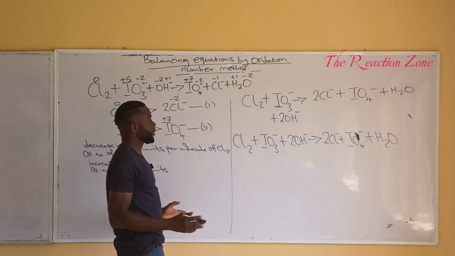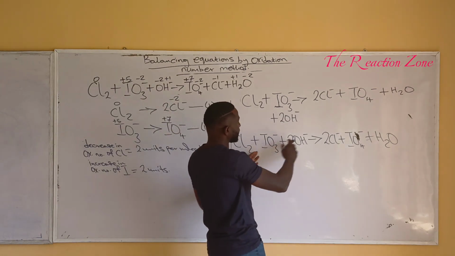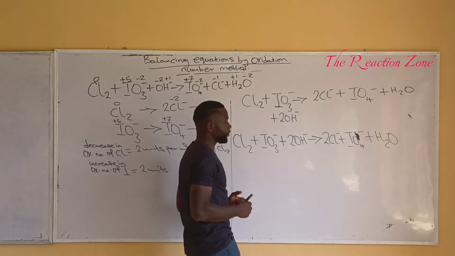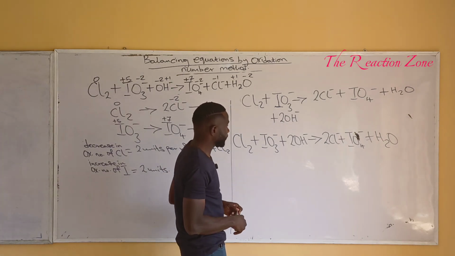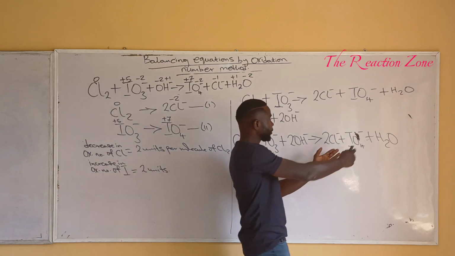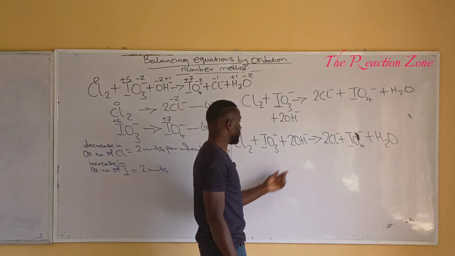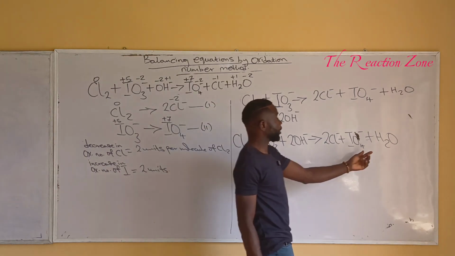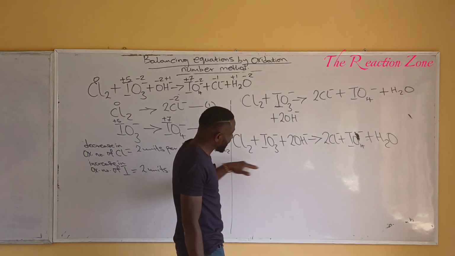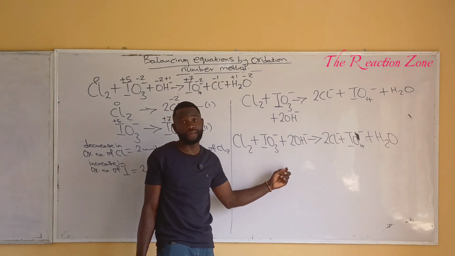If you look at this clearly, you will see that apart from chlorine and iodine atoms that are already balanced, the number of oxygen atoms here is 5, 3 plus 2. The number of oxygen atoms here is also 5, 4 plus 1. The number of hydrogen atoms here is 2, and the number of hydrogen atoms here is 2. So this tells you that this is a balanced redox equation, and this is the answer to the problem.